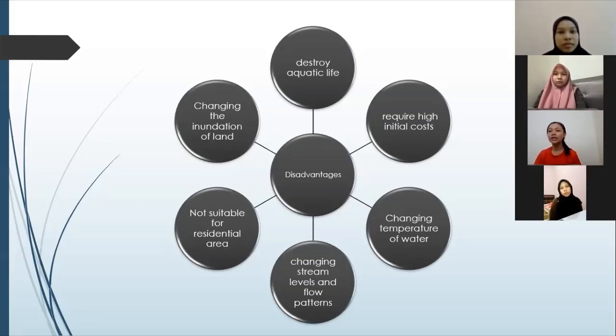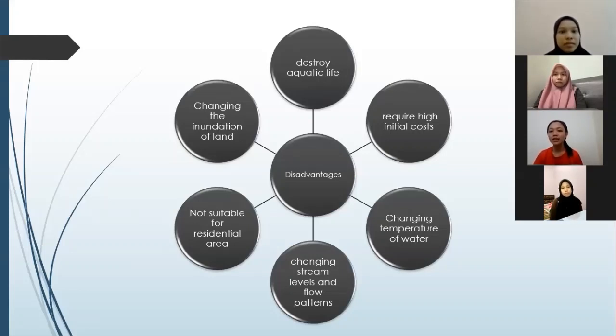The second one is that the construction of a dam will change the temperature of the water, the inundation of the land, and the water level, water stream level and flow patterns of the river. This may destroy the aquatic life and other wildlife in the water.